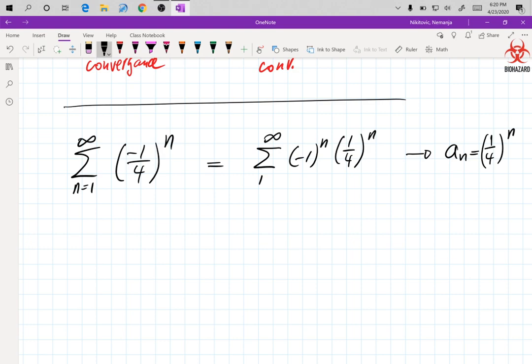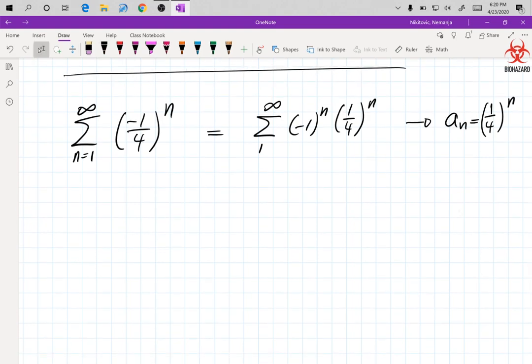So what do we do? Well, the roadmap above says that we only get to look at my an equals (1/4)^n. That's it. Check if it's decreasing, and check if the limit is equal to 0, right? So those are the two things that we have to make sure to have in this particular case. So we can always start with the limit, right?